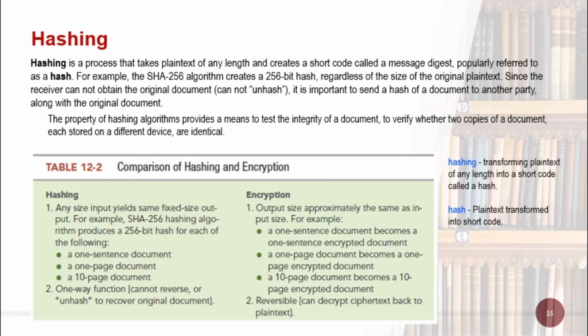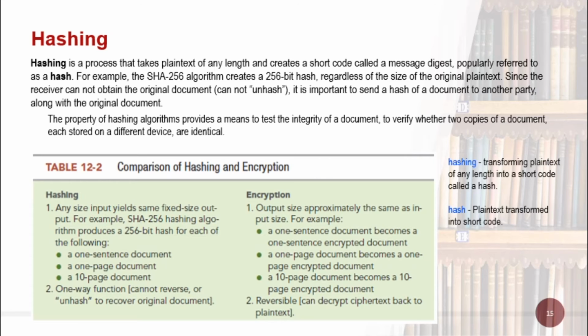If a document is transformed into a code and we cannot turn the code back into the document, it would be impossible to read the document. So what should we do? It is important to send a hash of a document to another party.